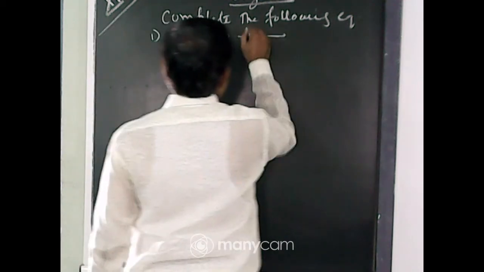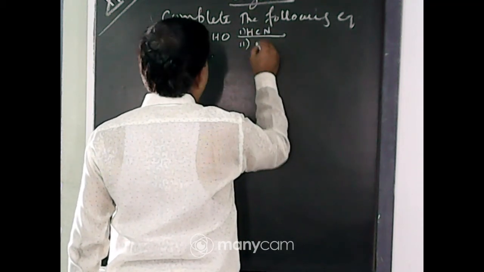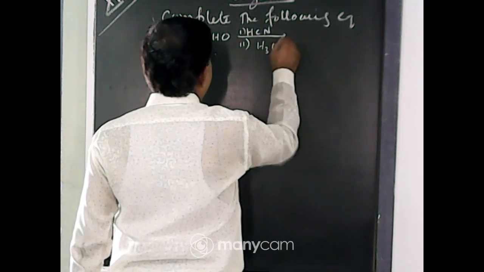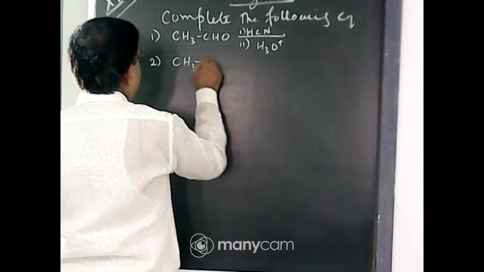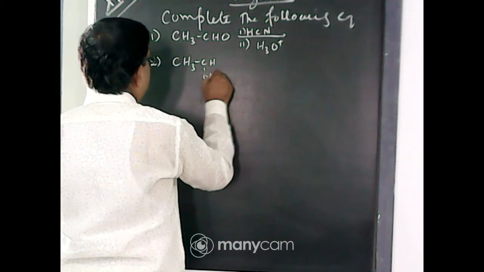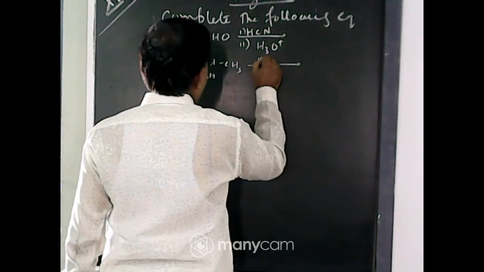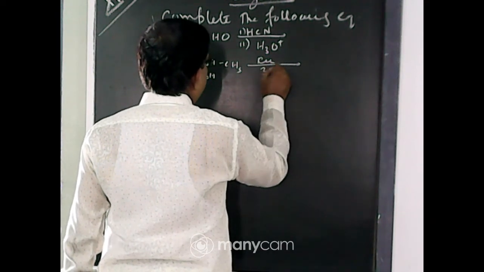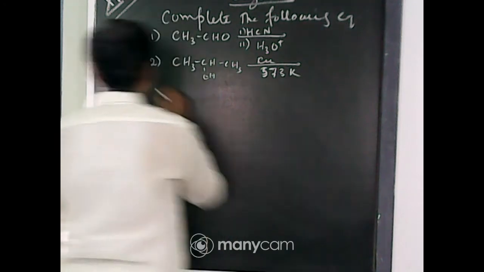Number 1, CH3CHO with HCN, then water, H plus. Number 2, CH3CHOHCH3 with copper at 573 Kelvin.